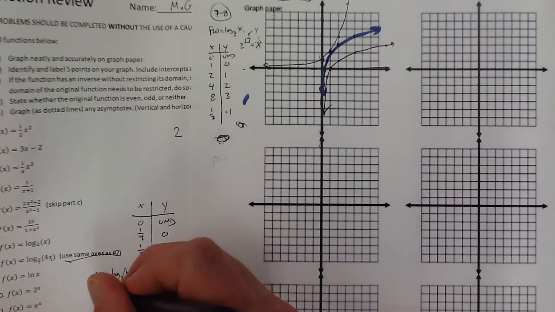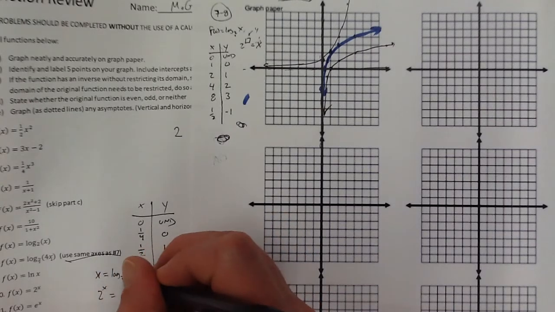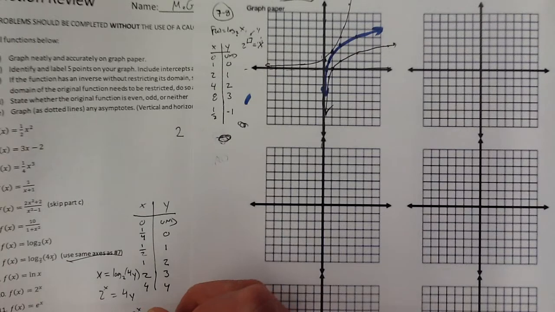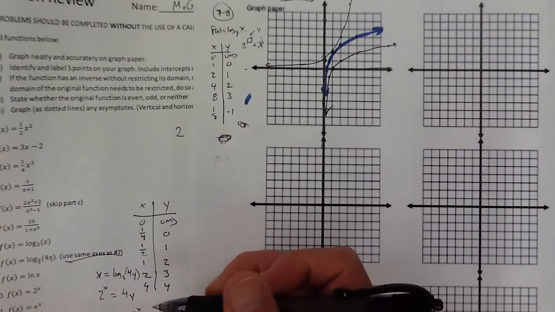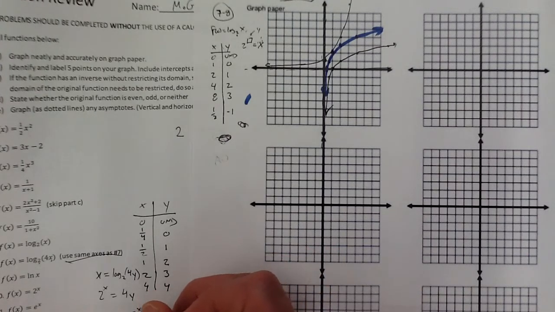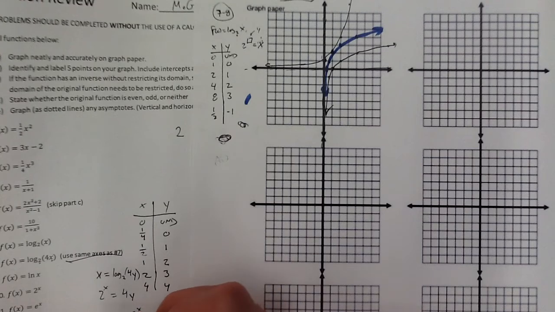So that means 2 to the x equals 4y, and y equals 2 to the x over 4, but 4 is 2 squared, and if you remember from Algebra 1, if you have something to this power over the same thing to that power, that's the same as you subtract the exponents.